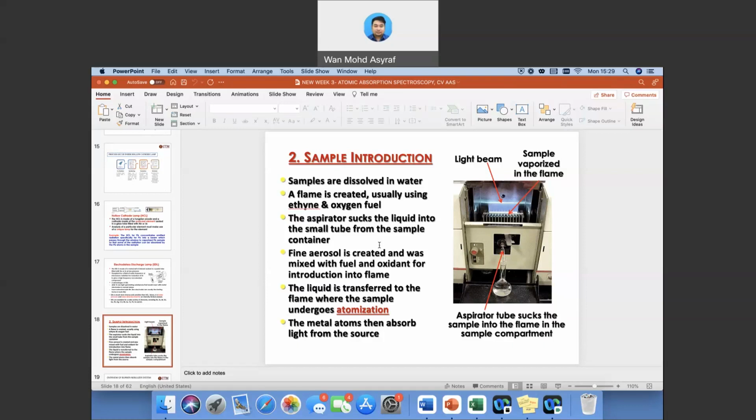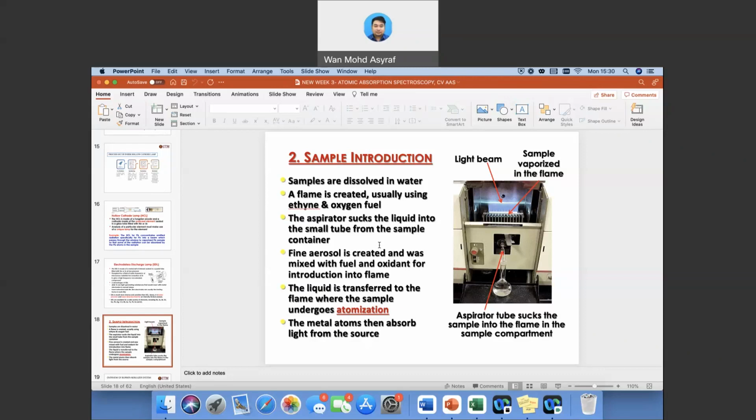This is very important for this process. The liquid becomes fine aerosol, then becomes atom. But before the fine aerosol becomes atom, there are a lot of other processes, because the atom is the last part. Usually liquid goes to vapor, in this case a fine aerosol, then the fine aerosol into molecule, and then into atom.